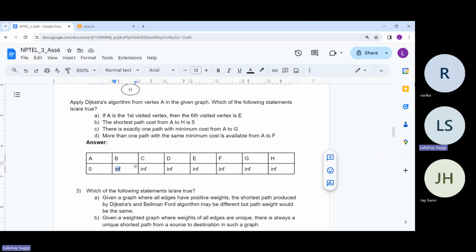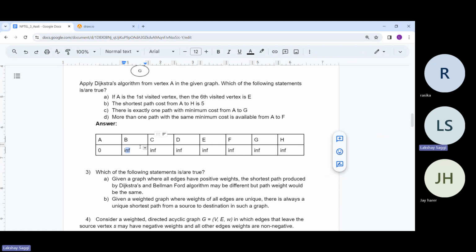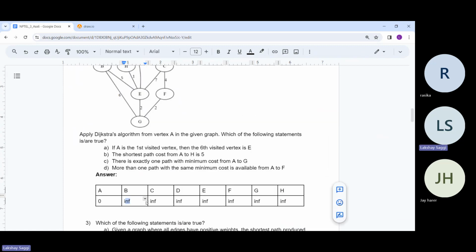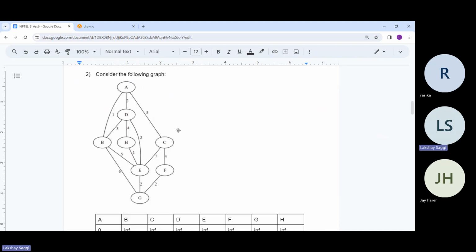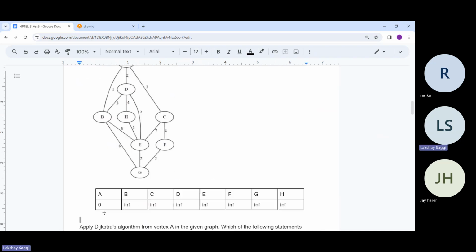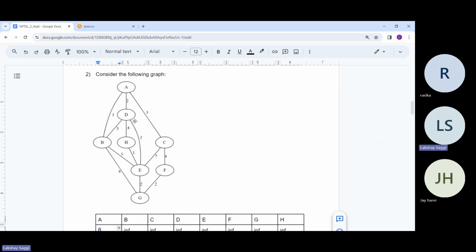So I'm trying to simulate Dijkstra's algorithm for you guys here using this table. Maybe I should shift the table upward so that it is along with the diagram. Okay. So initially we haven't visited any edge. So we'll be thinking that all the vertices from B to H are at an infinite distance initially, and A is at a zero distance.